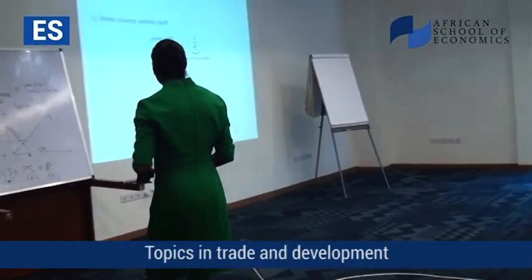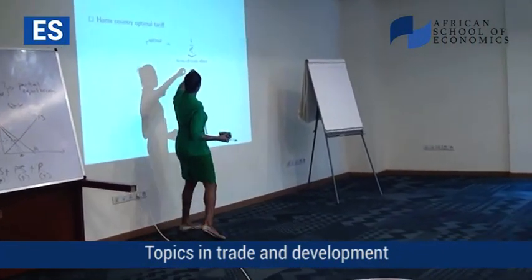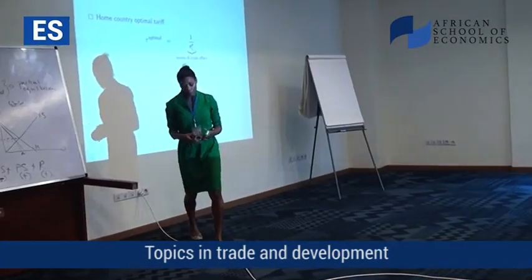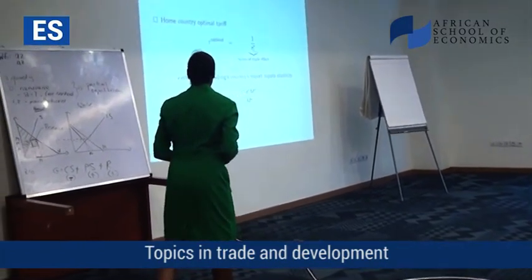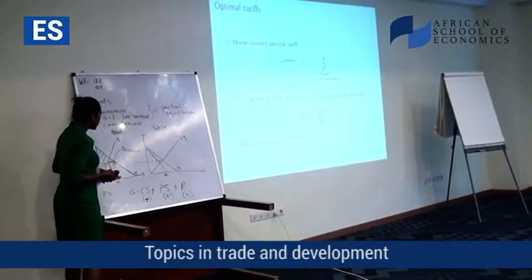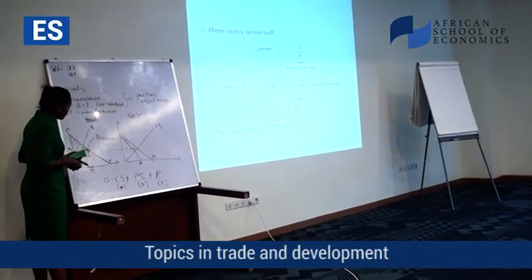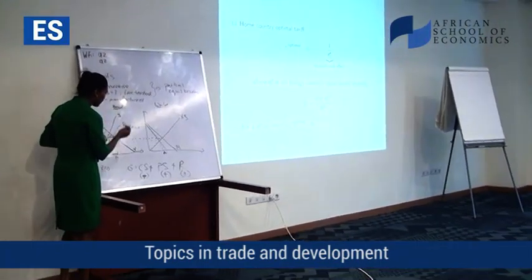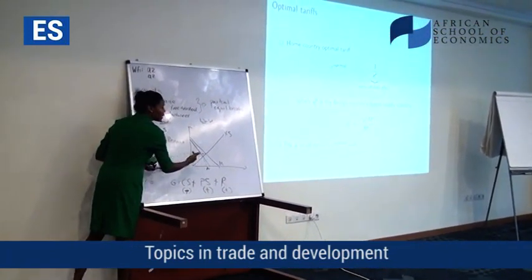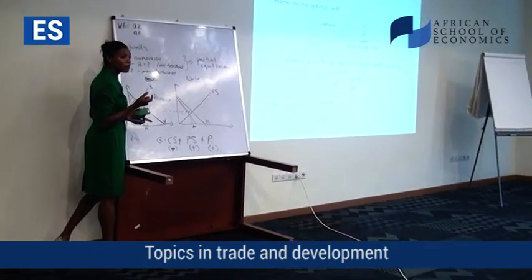So our optimal tariff turns out to be this very simple expression, which is 1 over the foreign export supply elasticity. Now, why? What does it have to do with anything? What we noted here is that the immediate effect of an imposition of tariffs was the change in import demand. That can only happen with a large country.